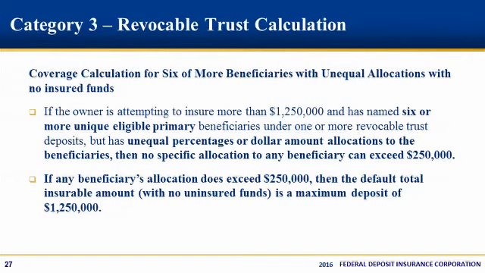$1,250,000. Since this calculation can be a bit complex, we have developed a three-step process for you to use to determine the maximum amount of deposit insurance coverage that may be available for a formal revocable trust deposit.